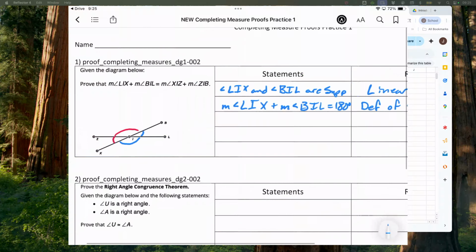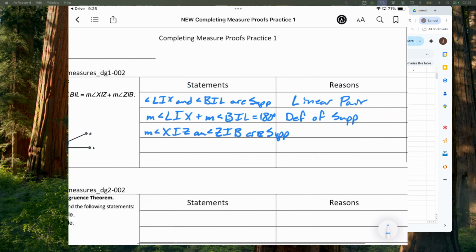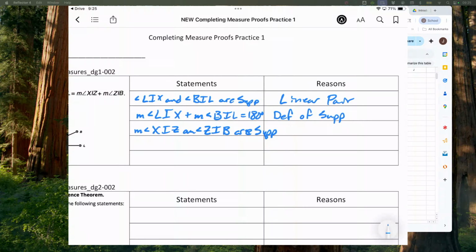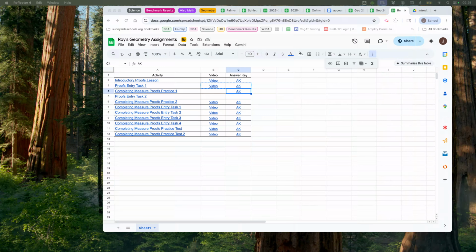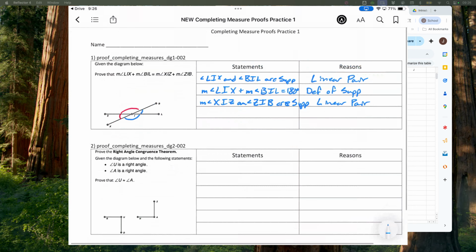Now the other pair of angles, angle XIZ and angle ZIB, are supplementary. That is because they form a linear pair. So again, those are the red ones.